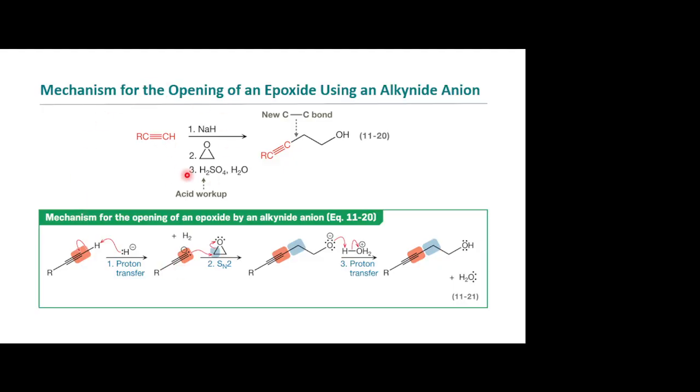This is the mechanism for that, of an epoxide being attacked by a CC triple bond. And so the first thing we do again is we set up our extremely good nucleophile here by using a hydride. So that same hydride proton transfer gives us our negative charge on our alkyne.